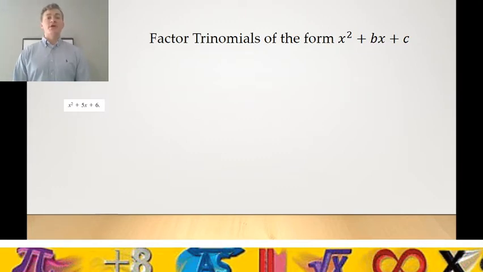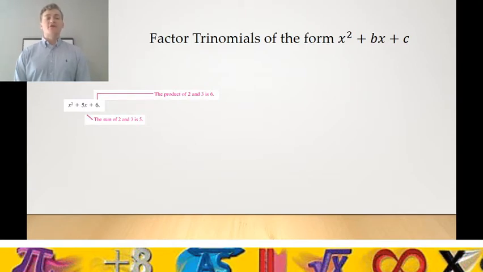We have 1 times 6 and 2 times 3. 1 times 6 is 6. However, 1 combined with 6 is 7, not 5. 2 times 3 is 6, and 2 combined with 3 is 5. So the two integers that multiply to give us c and add to give us b will be the integers 2 and 3. And both of those integers are positive.